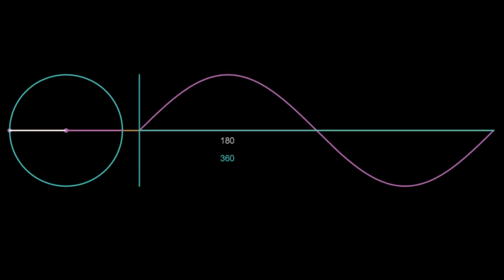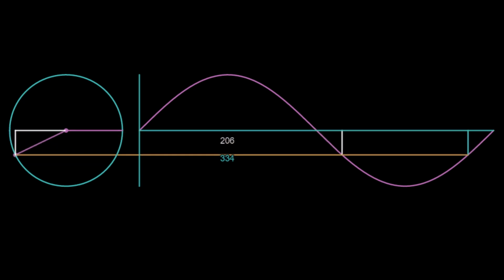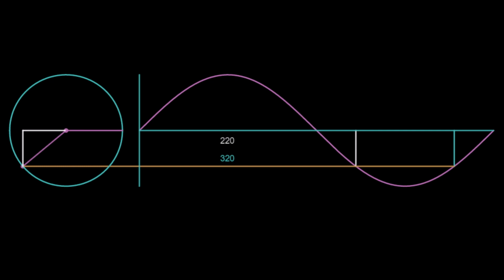Now we can do the same in the third and fourth quadrants. So we're going to rotate the point in the circle from 180 degrees round to 360 degrees. And you can see here, if we pick some arbitrary angle, we have the white line here which represents an angle of 220 degrees, and we have the blue line here, which represents an angle of 320 degrees.